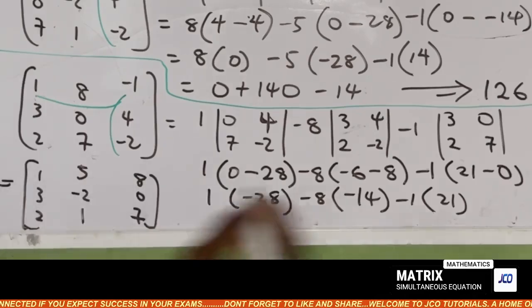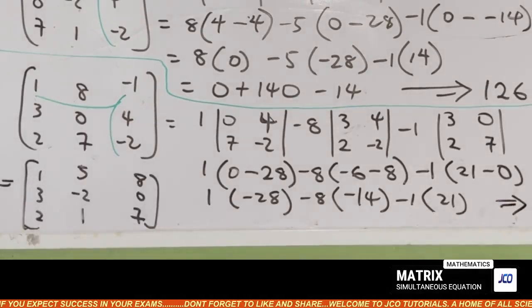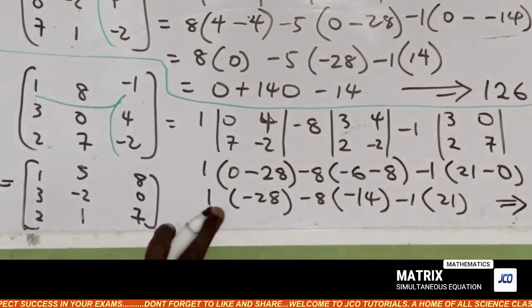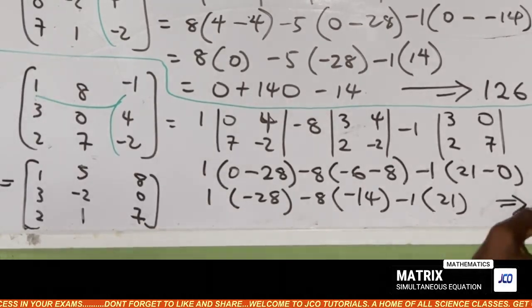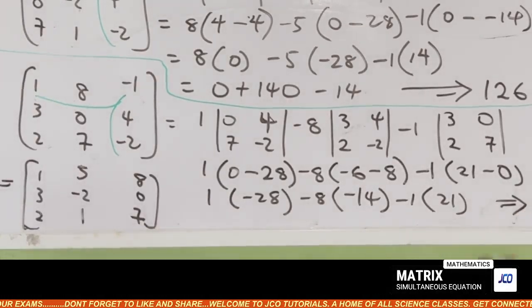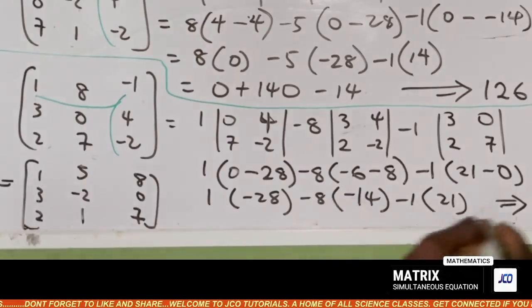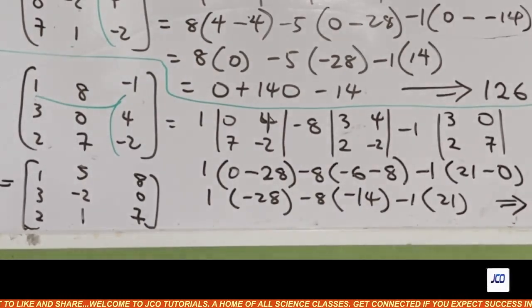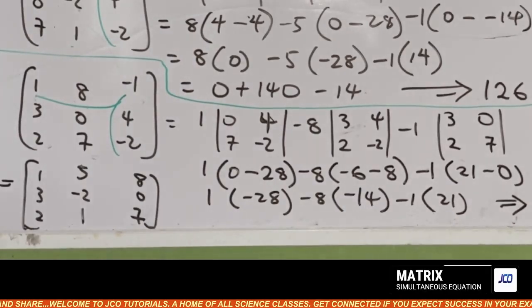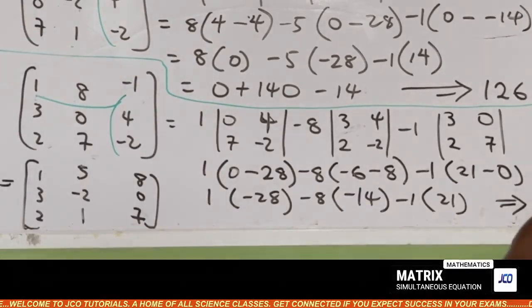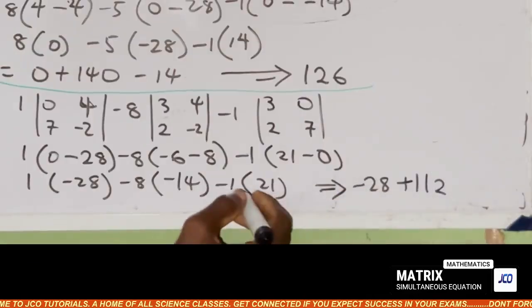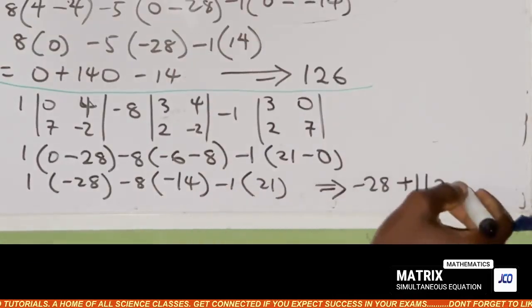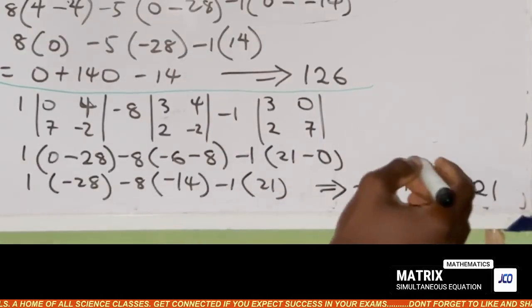Then if you take it further now, minus 1 times minus 28 is minus 28, minus 8 times minus 14 is plus, 8 times 10 is 80, 8 times 4 is 32, so that's 112. Then minus 1 times 21 is minus 21.